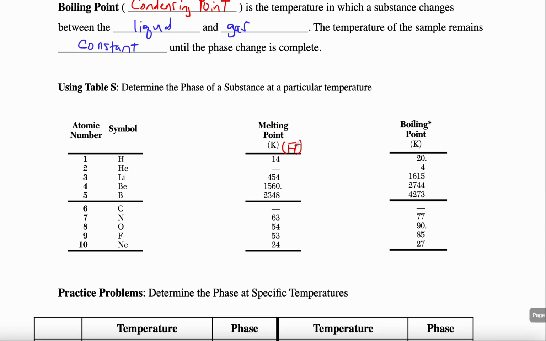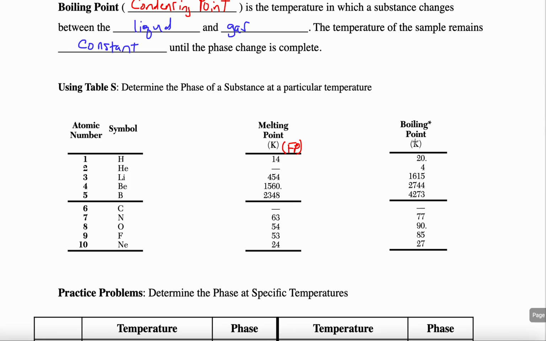So here's the trick question: it will ask you what an element's freezing point is. But when you look at Table S, you are given the melting points, and if you made the connection that the melting point is the same temperature as the freezing point, then it doesn't matter whether you're asked what the melting point or the freezing point is, because it's the exact same temperature.